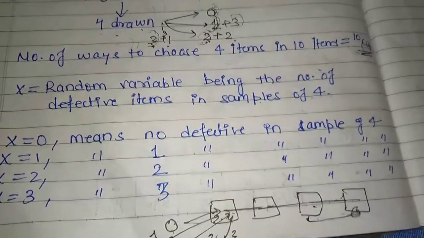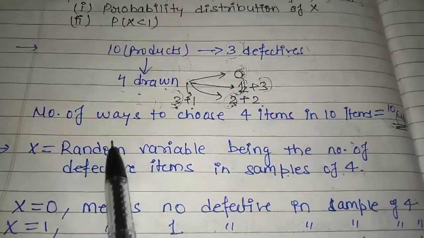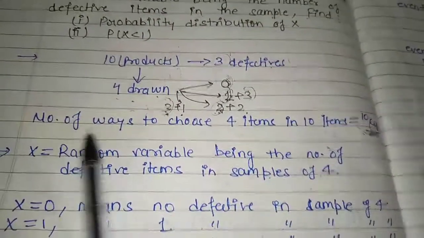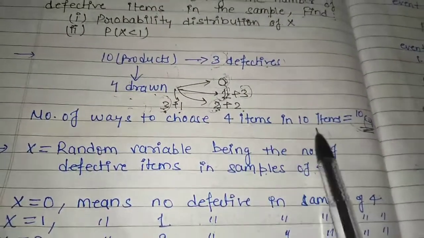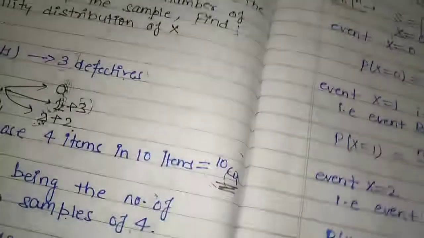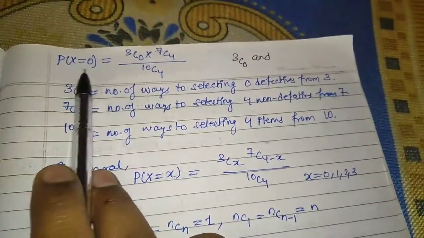Now we need to understand combinations. The number of ways to choose 4 items from 10 items can be written as 10C4.